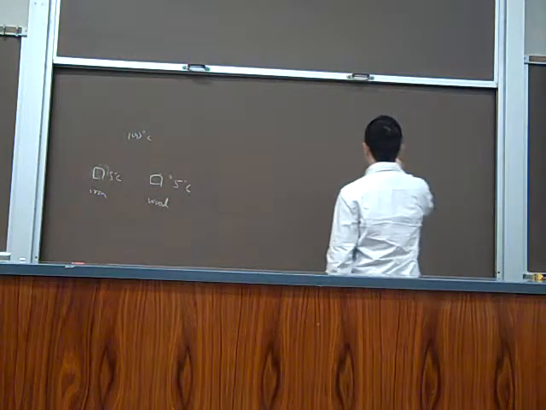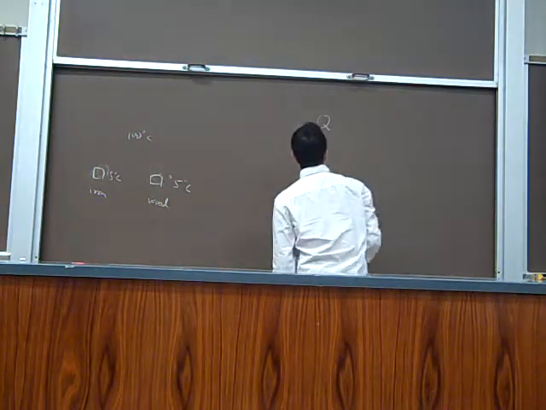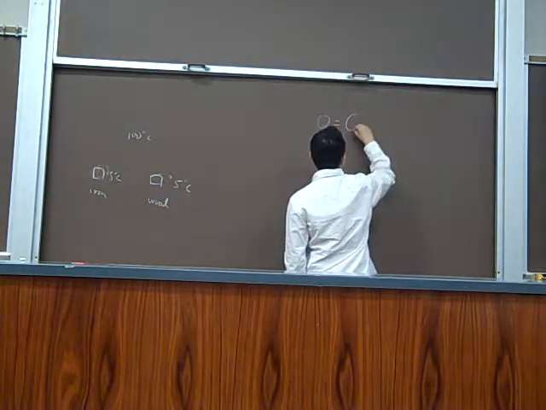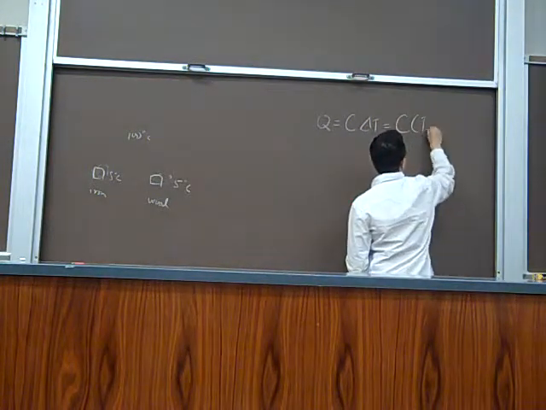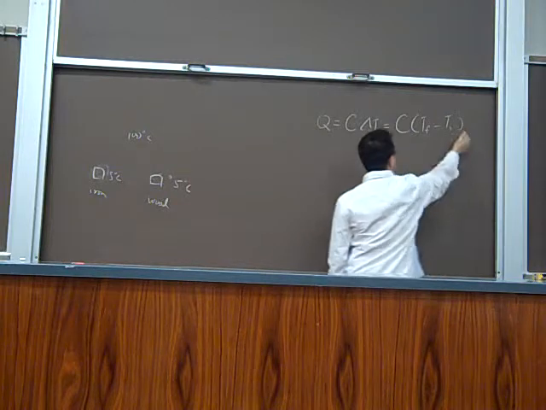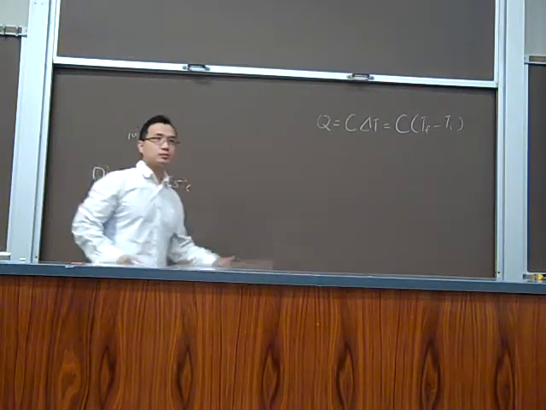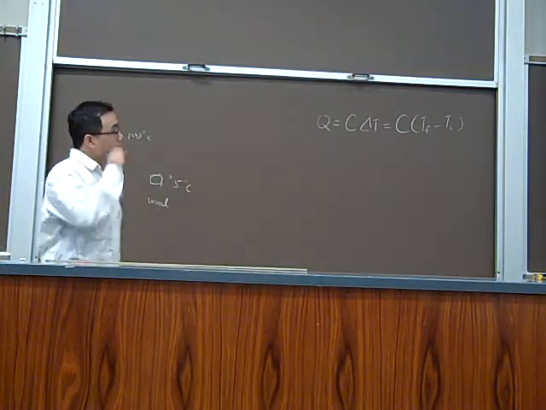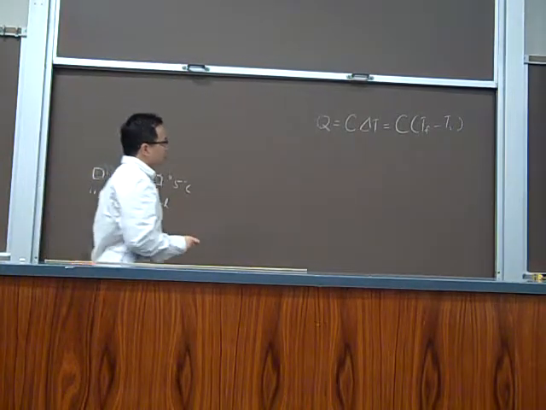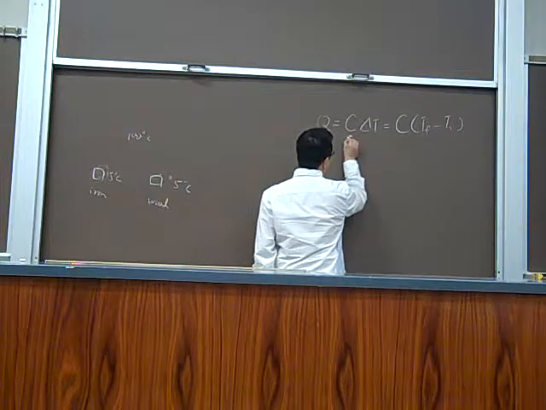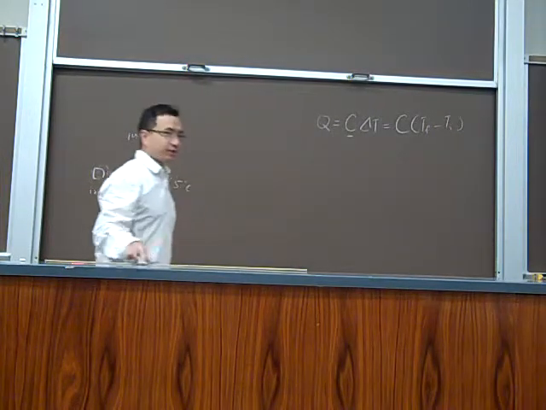So the heat absorbed during the process equals the heat capacity multiplied by delta T, or T final subtract T initial. Here, the capital C is called the heat capacity.